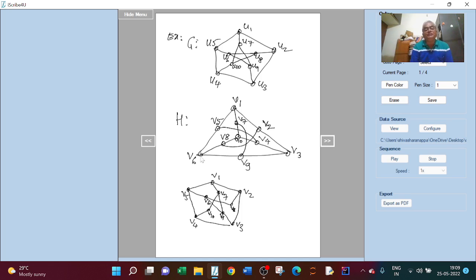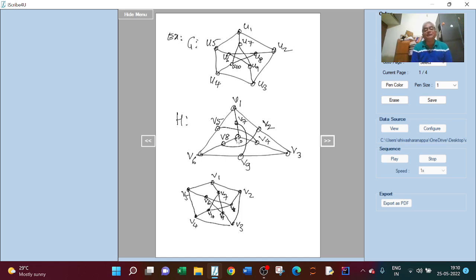What about V8? V8 is adjacent to V6, already drawn, and V2, already drawn. I have to add this edge V8 to V10. And what about V9? V9 is adjacent with V7, V3, V6, all already written.